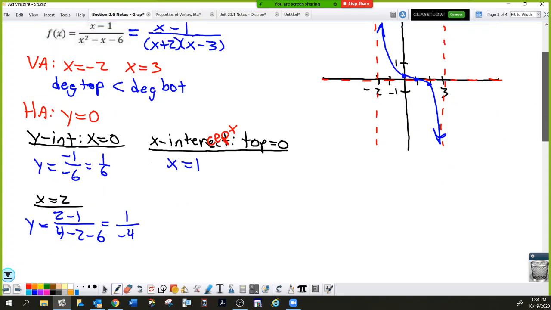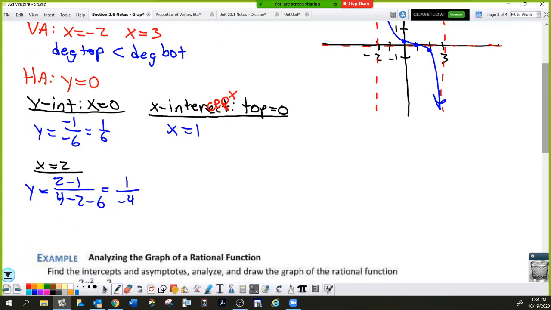I need to know what's going on the left and the right. So I'm going to plug in the numbers, I don't know, how about -3 and +4? So y equals -3 minus 1. On the bottom, I'm going to square that -3, and then it says minus that -3, and then there's a -6.